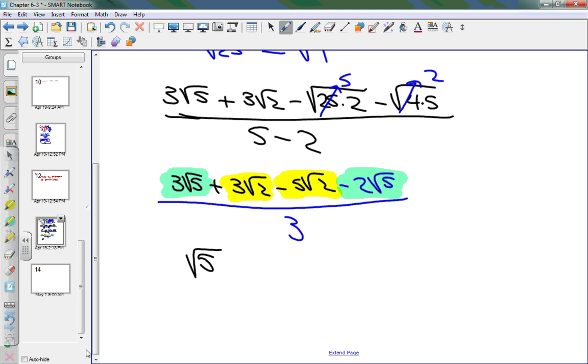All over 3. What's understood to be in front of that square root of 5? A 1. So if there's a 1 understood to be there, do I have anything in common between the 1, the 2, and the 3? Is there a factor in common between 1, 2, and 3? No, except for 1. So there's nothing about this, which means this right here is my final answer.